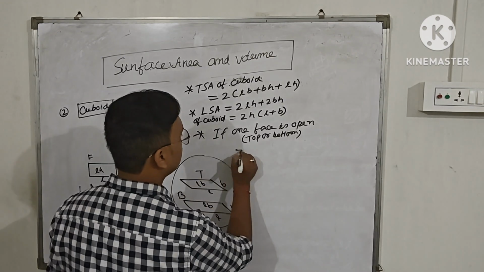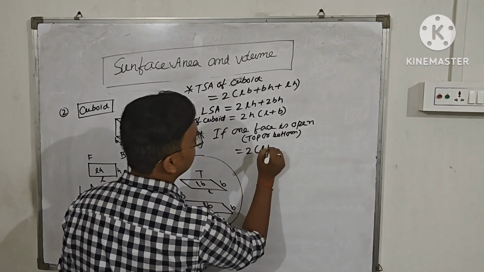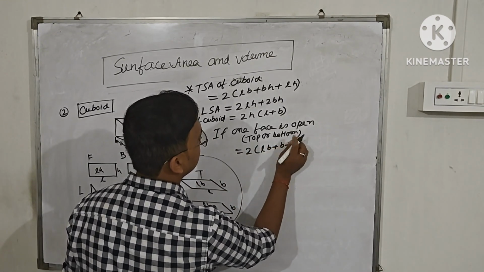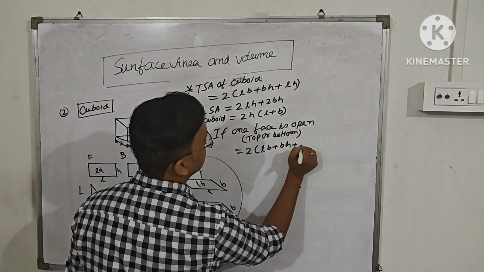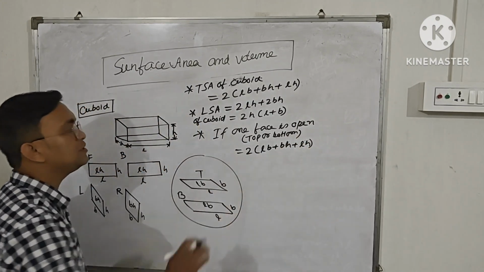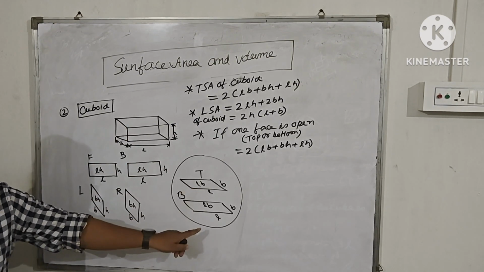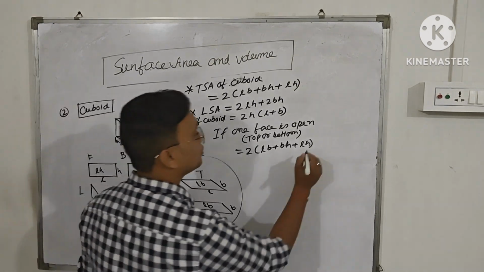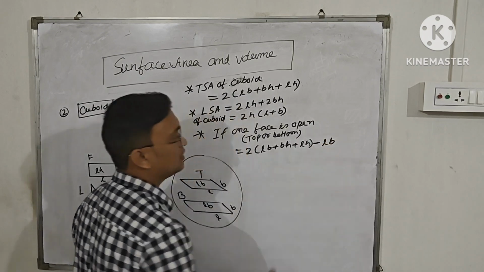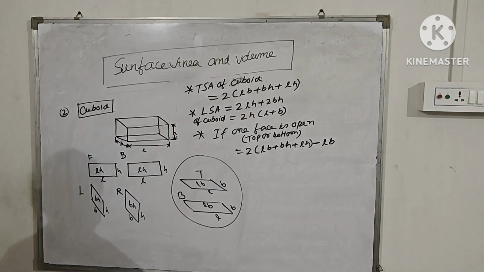Then what will happen? The total surface area is LB plus 2 into BH plus LH, as we are removing any one of these two faces, so one LB will be excluded from the total surface area.